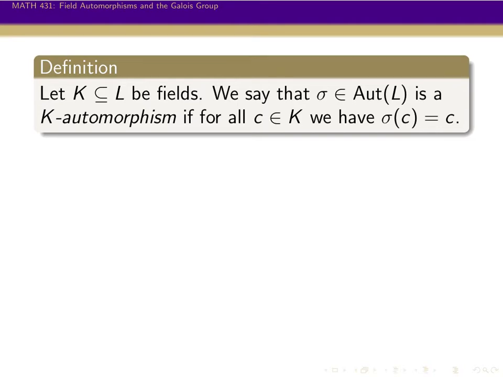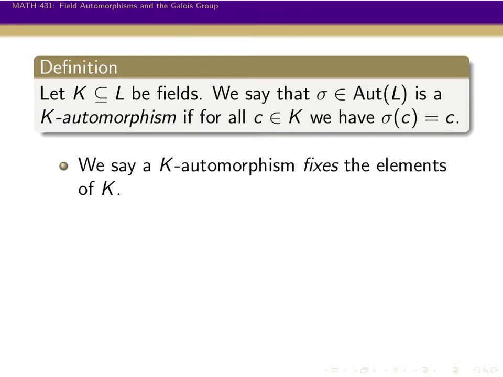And so if we have K is a subfield of L, we say that an automorphism of L, sigma, is a K automorphism if for any element of K, sigma doesn't move it. Sigma sends it back to where it was. So for any c in K, we have that sigma of c equals c. So the way that we normally talk about this is we'd say that a K automorphism fixes the elements of K. So fixes means it doesn't move the elements of K. It just leaves the elements of K alone.